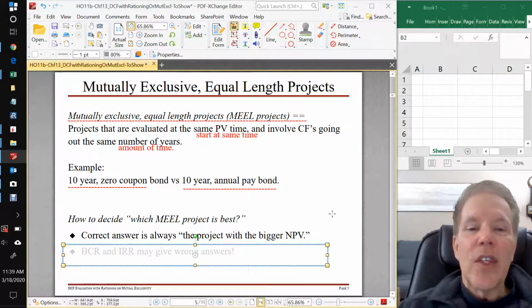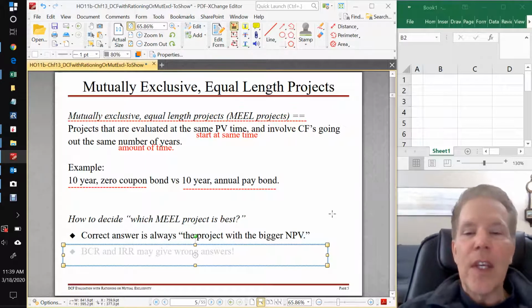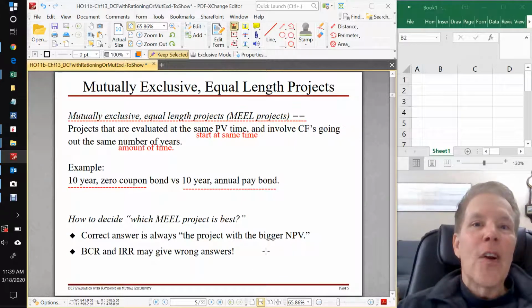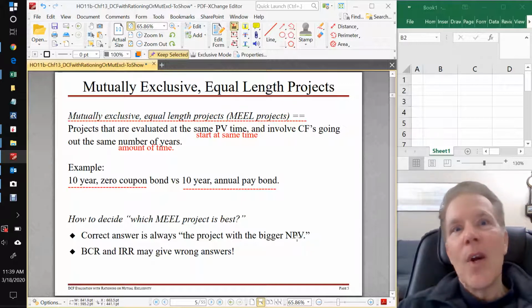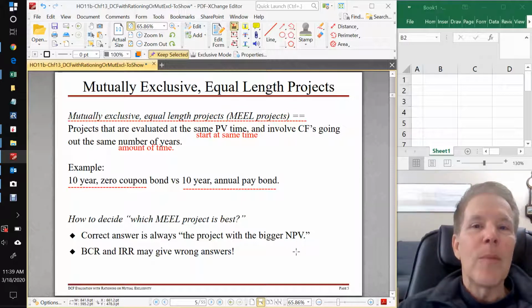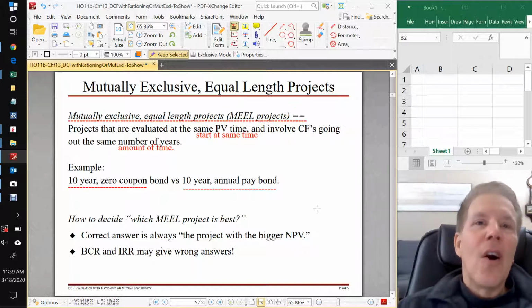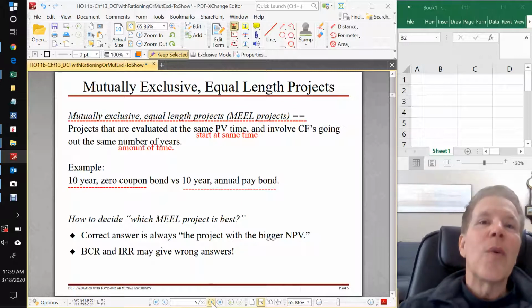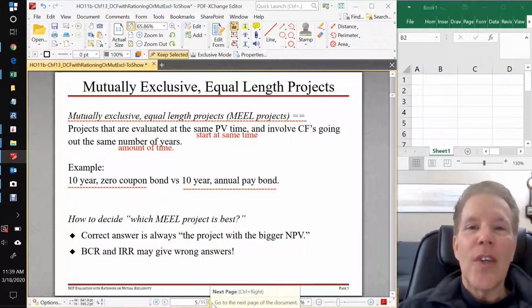And interestingly enough, as we're about to see, if you use the BCR method or the IRR method, you may get the wrong answer. And depending on how big the project and the consequences, that may lead to horrible things, that may lead to people getting in big trouble, to you getting fired, all of a sudden you're selling apples out of an apple cart in the town square, and that's not good. So we want to have you avoid that, so let's see how we can do that.